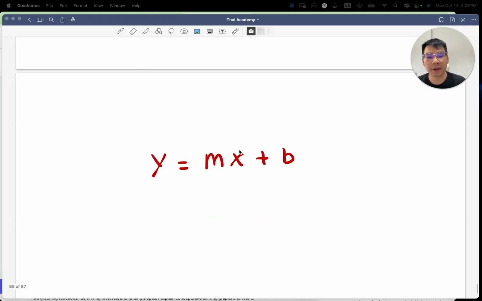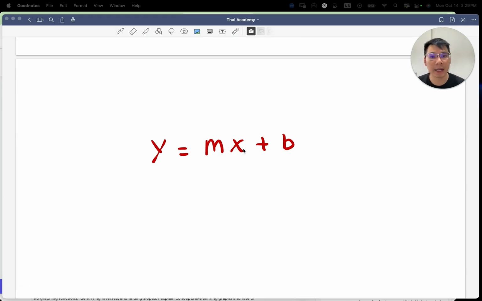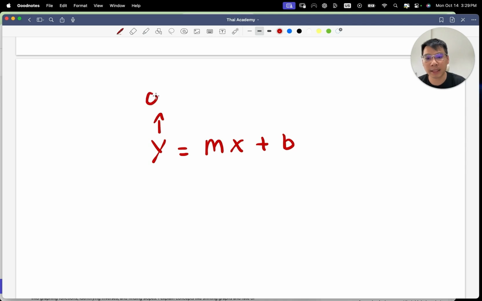So a linear function has a mathematical formula like this: y = mx + b. The y stands for the output. The m is the slope, or the rate of change.